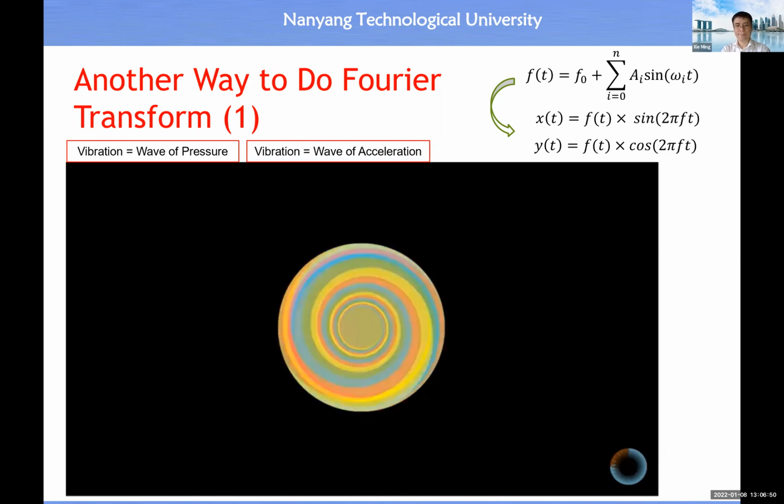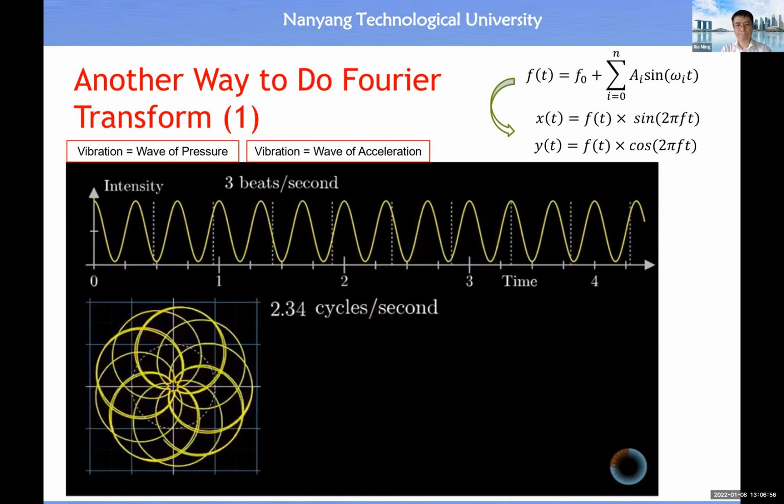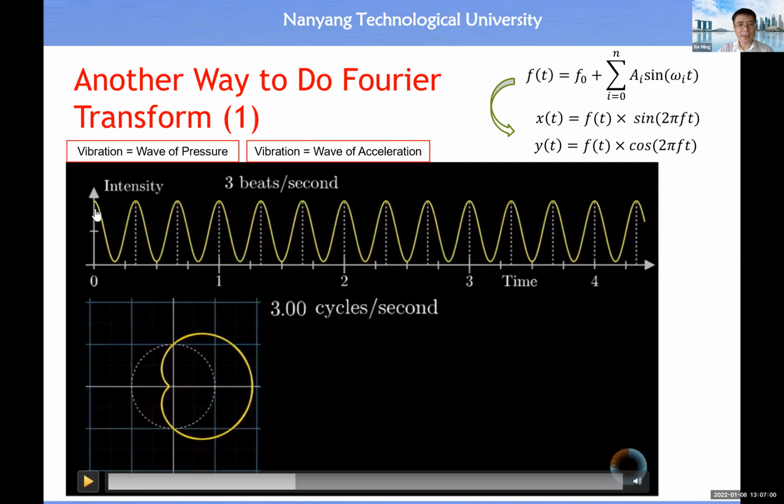The general strategy is going to be to build for ourselves a mathematical machine that treats signals with a given frequency differently from how it treats other signals. Okay, so this is f(t), this is x, y, okay? So this is an x-axis, a y-axis. Then put them together, you have a vector, all right?